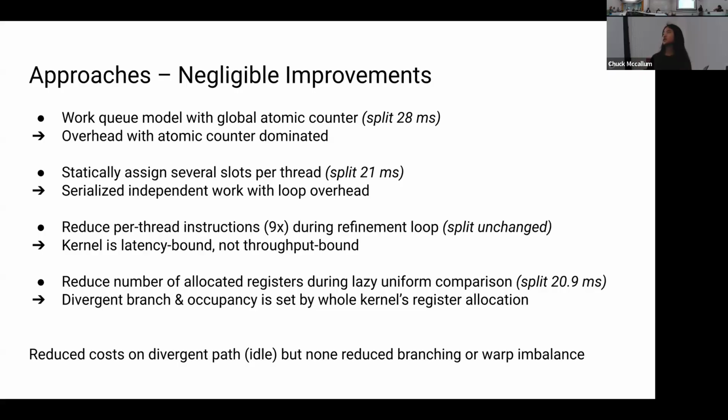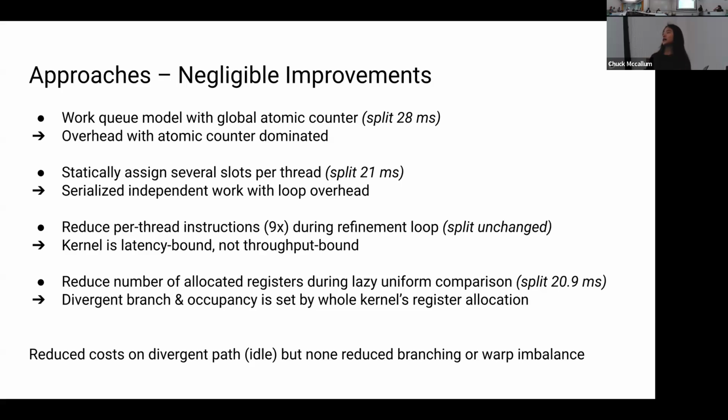That is because the kernel is unfortunately latency bound, meaning that for a given clock cycle, most of the time the warp is not ready to be executed. So here I'm targeting a different concern when the main bottleneck is that the warps are imbalanced and some are ready to execute while others are not.